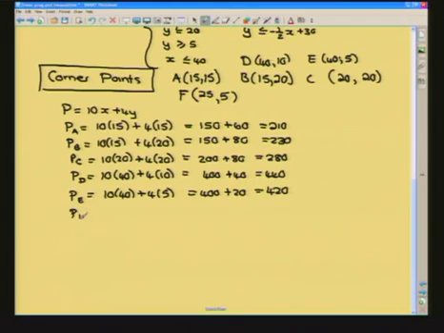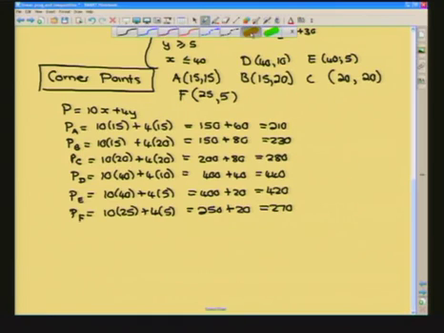And then the P at F is going to be 10 times 25 plus 4 times 5, which is 250 plus 20, which is 270. Now you can see that the maximum value is at D, which is where we get our best solution, our maximum solution for P.